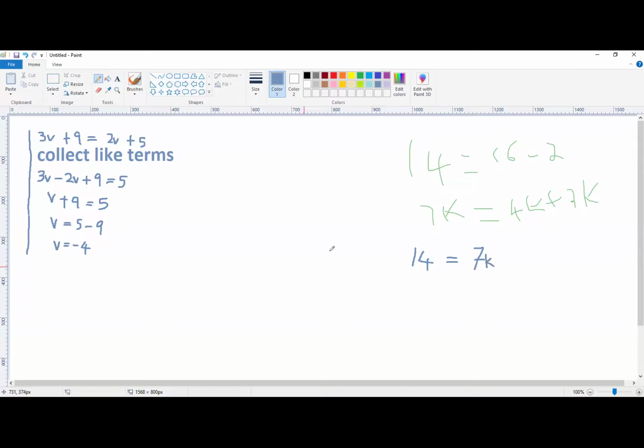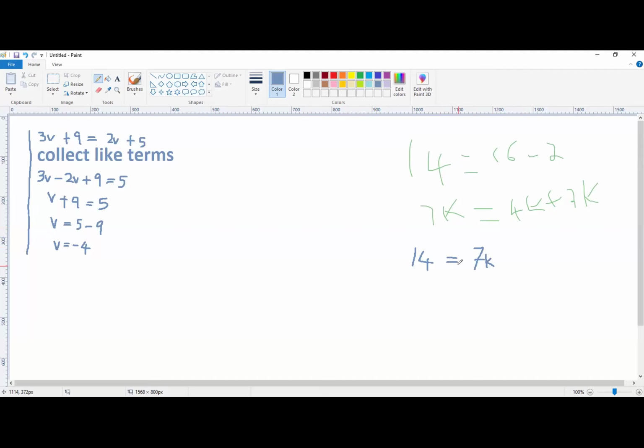Now, there's something that we didn't need to do in the first one that we need to do here. Remember, the question said find the value of the letters in each equation. So we need to know what the value of k is. If you're good with your multiplication tables, you already know that k is 2.